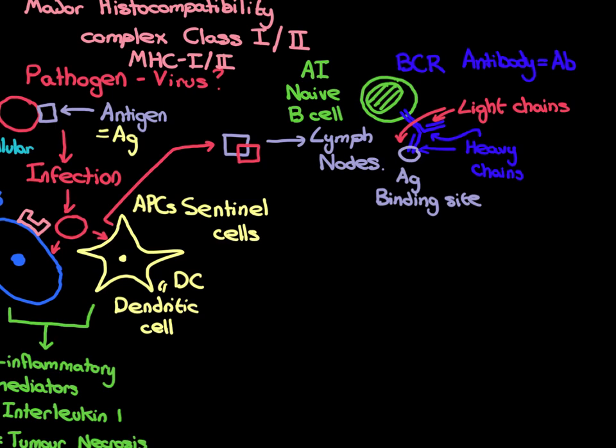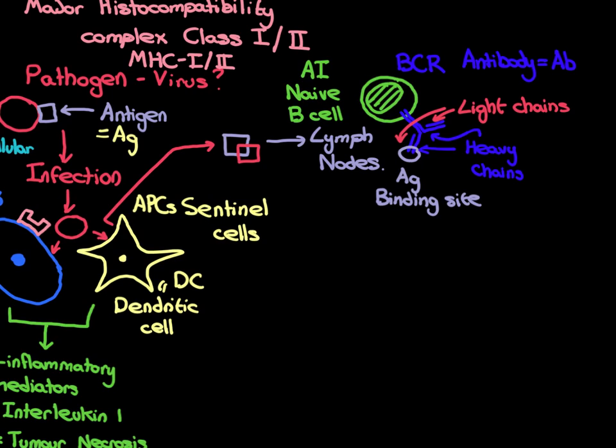We need to activate. However, remember what I've already told you. B cells cannot activate that easily. B cells are not allowed to activate that easily, and the reason is that B cell responses are incredibly dangerous. So you have to have a double check here.